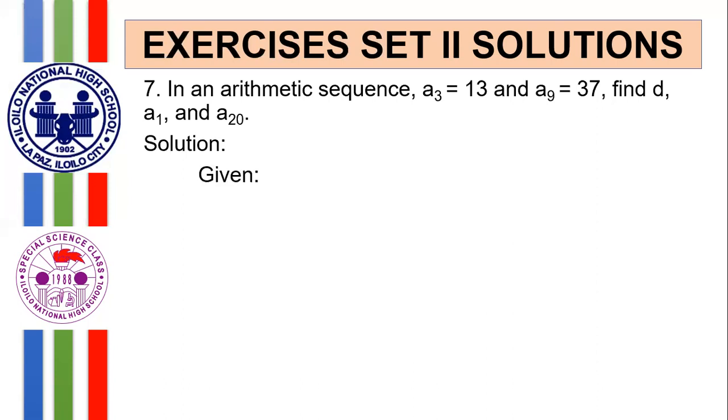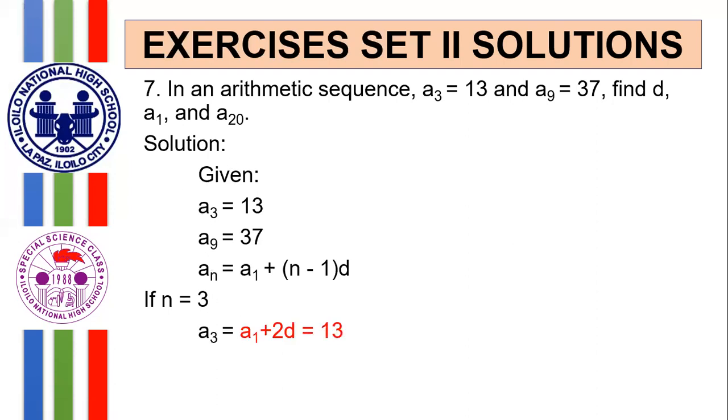So the same thing, it's given that a sub 3 is 13 and a sub 9 is 37. Using the explicit formula and letting the subscript n be 3, you will have a sub 3 equals a sub 1 plus 3 minus 1 or 2d, which is 13.